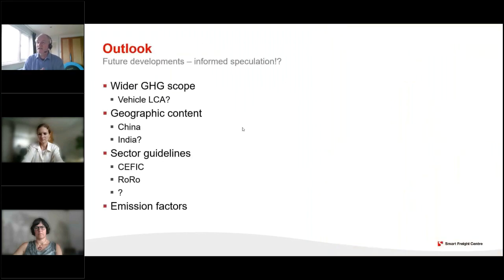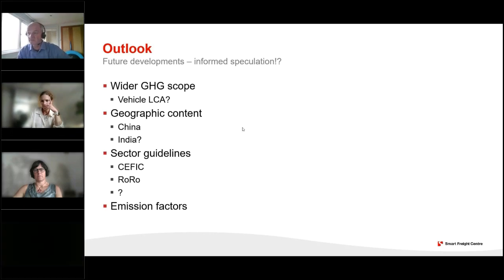And then looking ahead, in terms of future developments, I've called this informed speculation. It's a little bit of a personal view, but it's based on some of the things that I'm picking up. For example, within the ISO working group, we had some questions why, if we were doing fuel life cycle, we weren't also including vehicle life cycle. And I think there were two answers to that. One was, within ISO, it's perceived that the vehicle life cycle is already covered to a certain extent by one of the other standards, which looks at a product life cycle calculation.